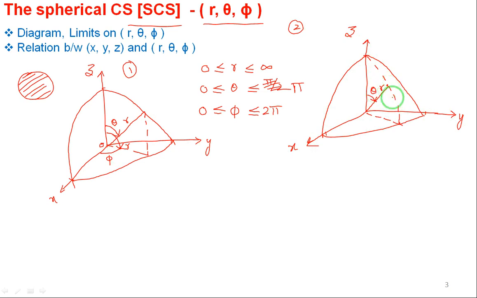If I take the projection of this R onto the xy plane, this plane is making angle phi. So both diagram 1 and 2 are the same, but this is more clear as compared to diagram 1, right? These are the limits we have already seen. R can be from 0 to infinity, theta 0 to 180 degrees, that is 0 to pi radians, and phi 0 to 360 degrees, 0 to 2 pi, right? Okay.